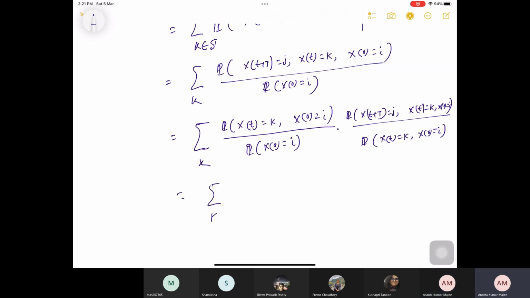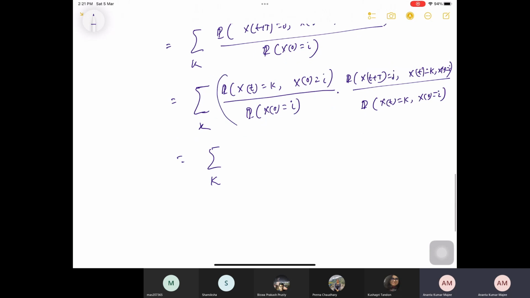Now this part is nothing but probability of X(t) = k given X(0) = i.